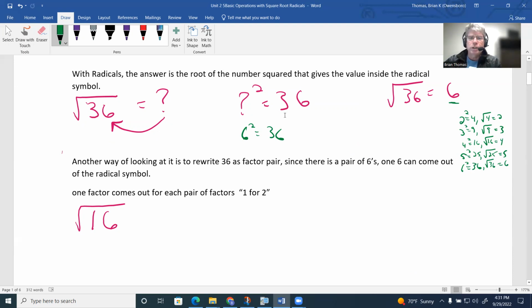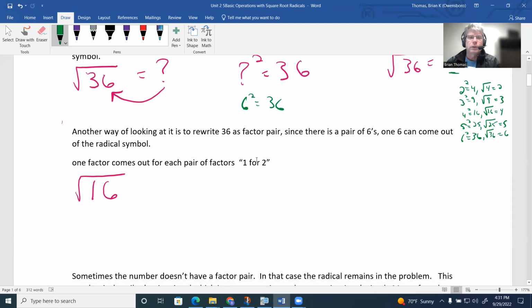Now, in this section we're going to do something a little bit different. Another way of looking at this is to rewrite 36 as a factor pair. Since there is a pair of 6s, one 6 can come out of the radical symbol as a way to do the problem.